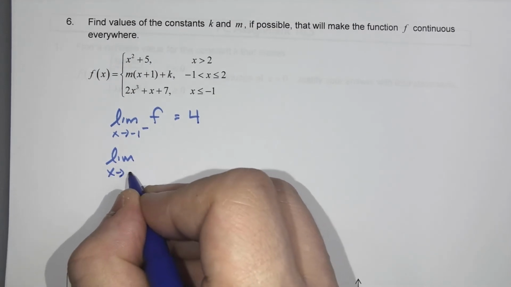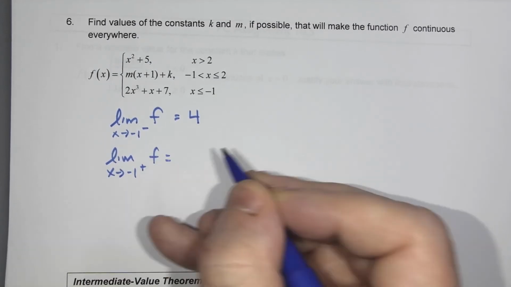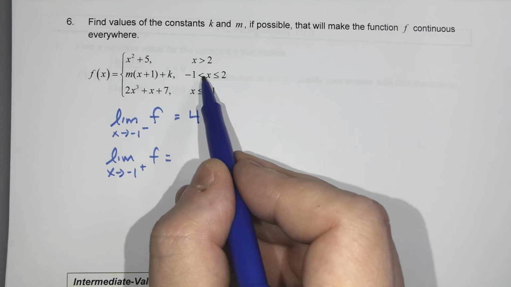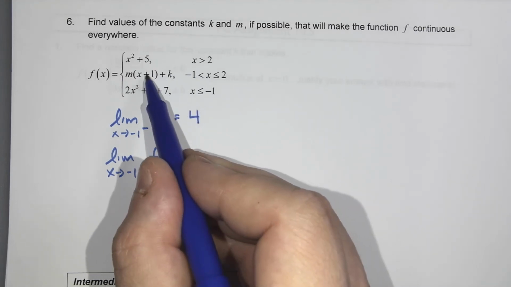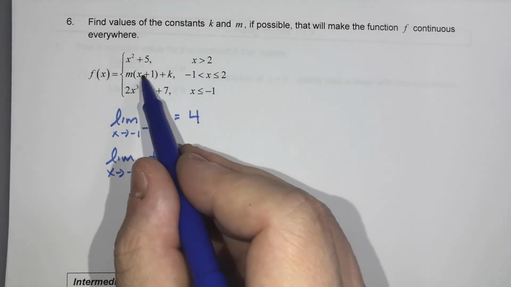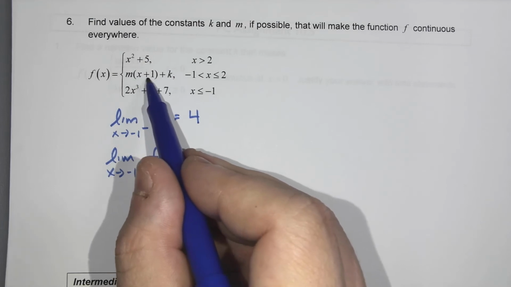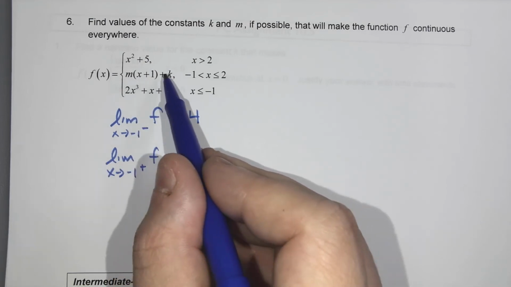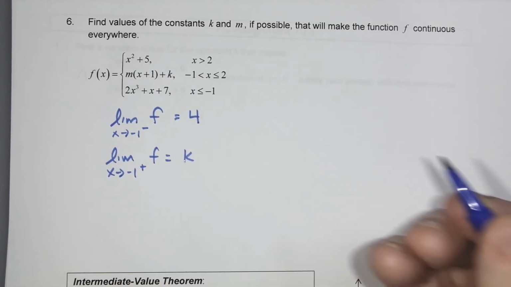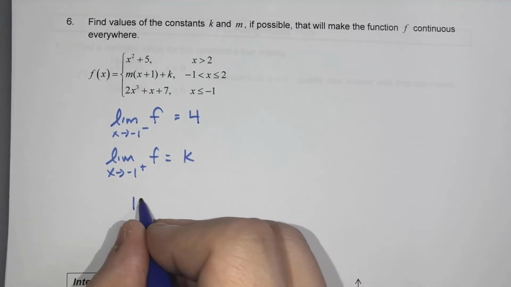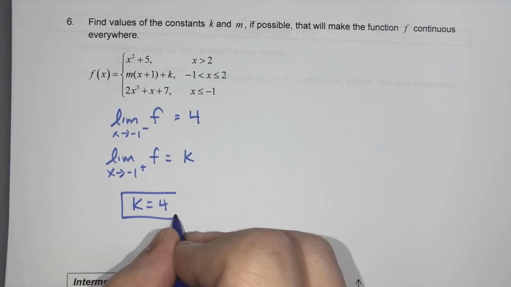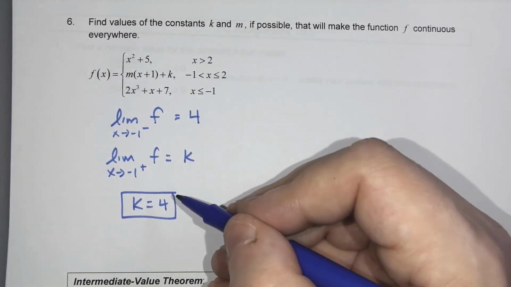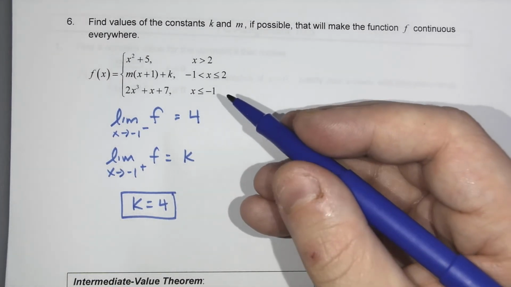Limit as x approaches -1 from the right of f, we're now on this interval, so we'll follow this rule. Replace x with -1. -1 plus 1 is 0, 0 times m is 0, so we just get a k. So k equals 4.